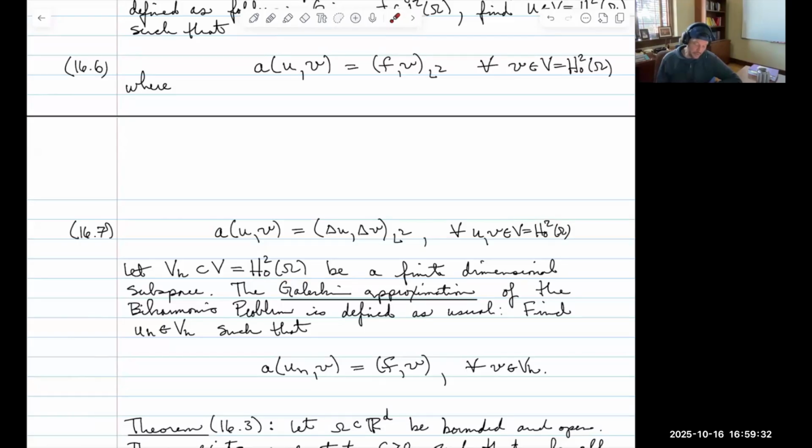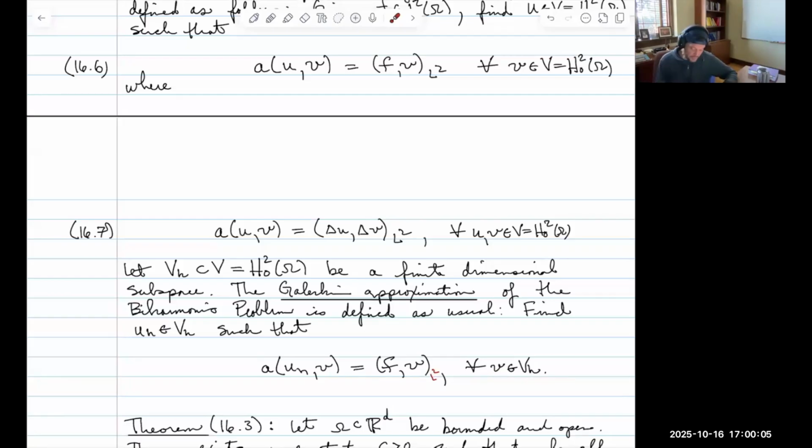Right now, we don't care what it is. The Galerkin approximation of the biharmonic problem is defined as usual. We're going to look for a u_h in V_h such that this weak form problem holds, right? a(u_h,v), same bilinear form, equals the L2 inner product of f against v for all v in V_h. That's how we define the Galerkin approximation.